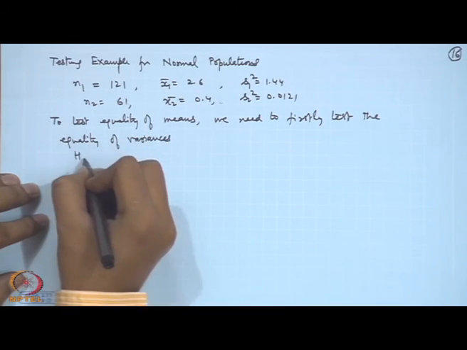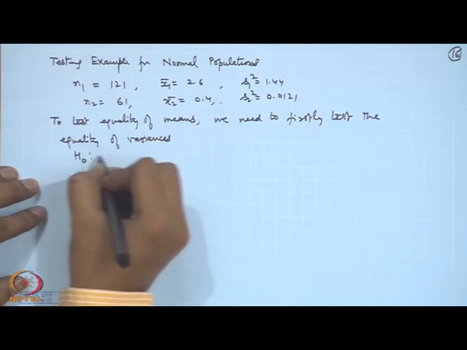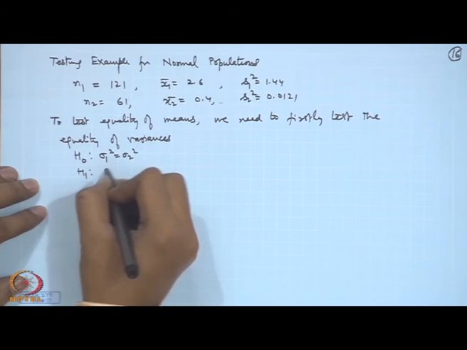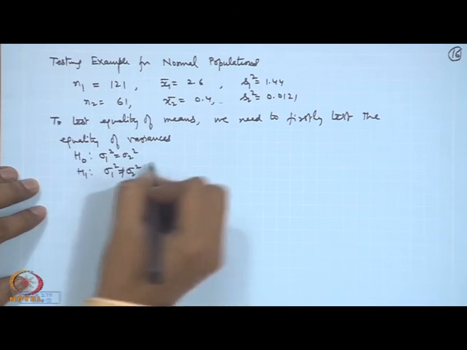So, that means we test say H naught: sigma 1 square is equal to sigma 2 square against H 1: sigma 1 square not equal to sigma 2 square.